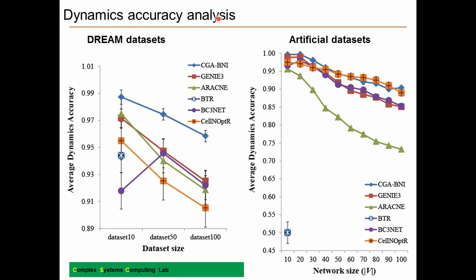For dynamic accuracy analysis, our method shows the highest dynamic accuracy in the gene dataset, and in the artificial dataset, our method and CellNet of R show the highest value of dynamic accuracy.